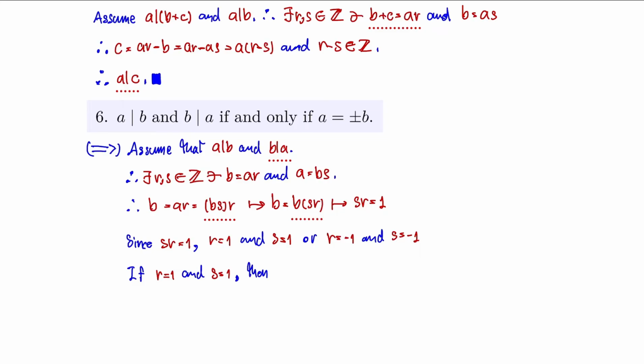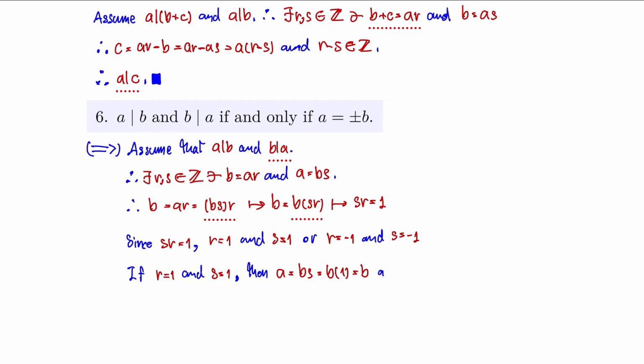how do we show that A equals plus or minus B? We start with this A. We have A equals BS, and A equals B times 1, which is B, right?